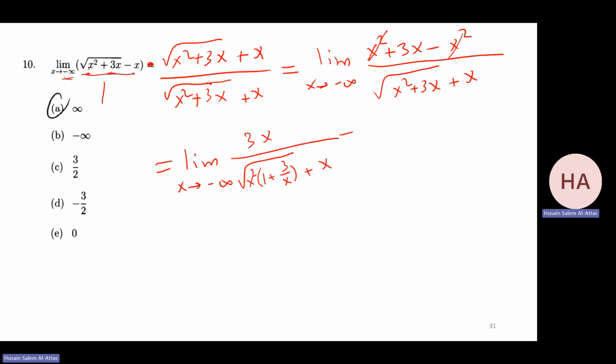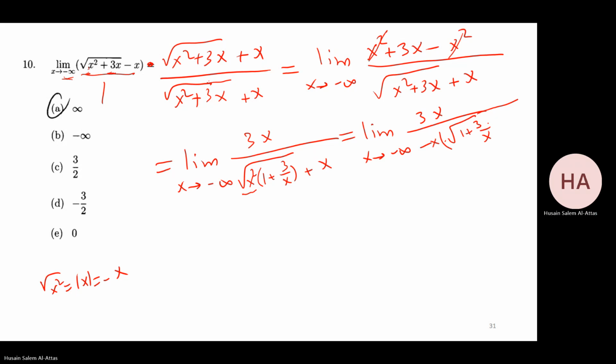That will be what? Limit x goes to minus infinity. 3x, absolute value of x, and the square root of x squared is absolute value of x, will be minus x. Okay, so it's minus x, the square root 1 plus 3 over x plus x.